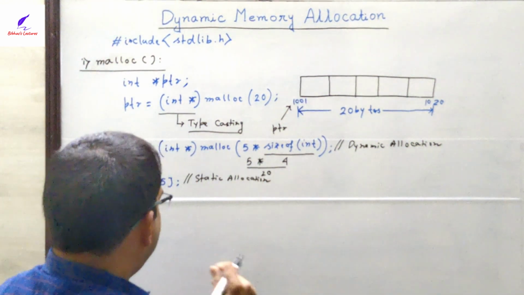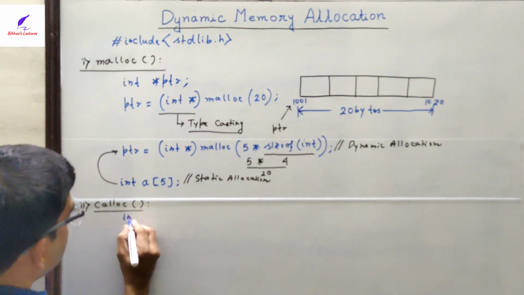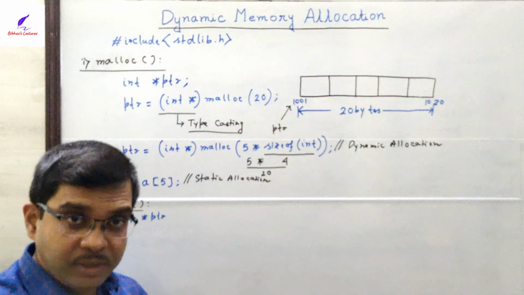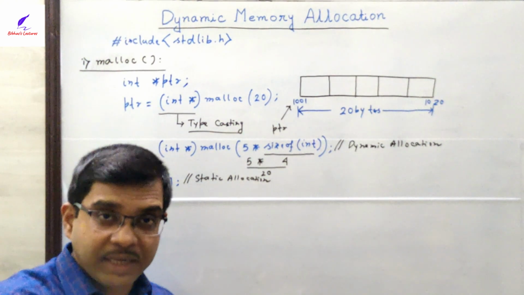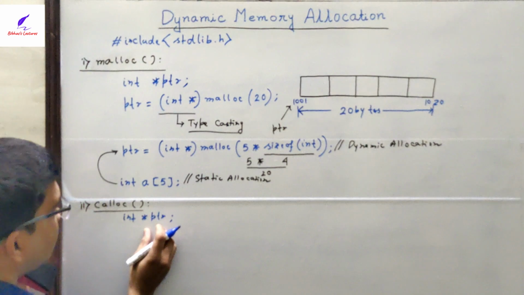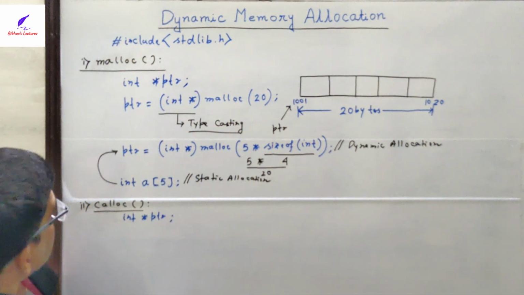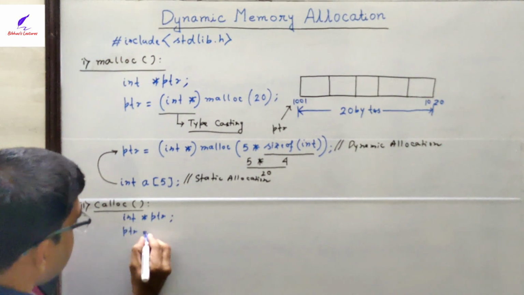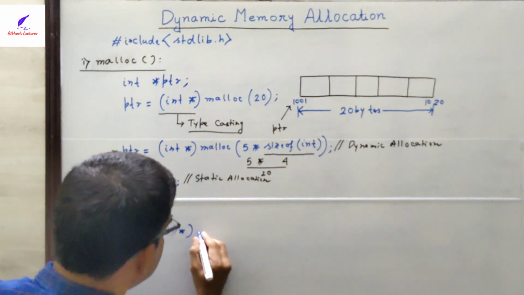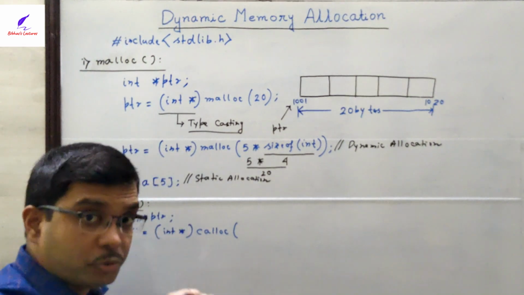So what is the syntax of the calloc function? Suppose we want to create memory for a 2-dimensional array having 5 rows and 5 columns. First we declare an integer pointer, as we did earlier: int star ptr, so ptr is a pointer to an integer. Then we call the calloc function like that: int star, calloc, and you have to mention 2 things.